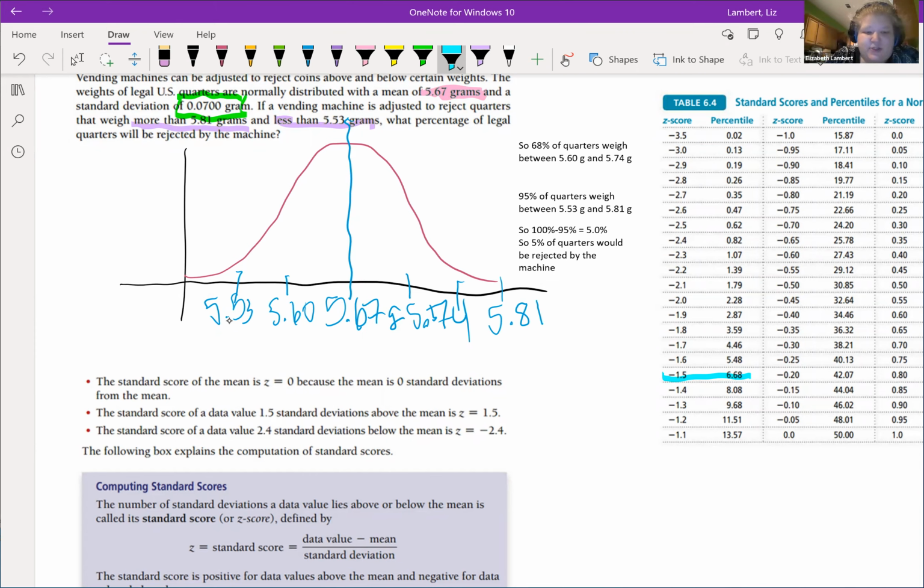So with the standard score, we assume the mean is 0. And we say this because the mean is 0 standard deviations from the mean. Then a standard score of a data value 1.5 standard deviations above the mean would be z equals 1.5. And likewise, if it's below the mean, then we call them negative, like negative 2.4, because we're always measuring from our 50% mark as 0.